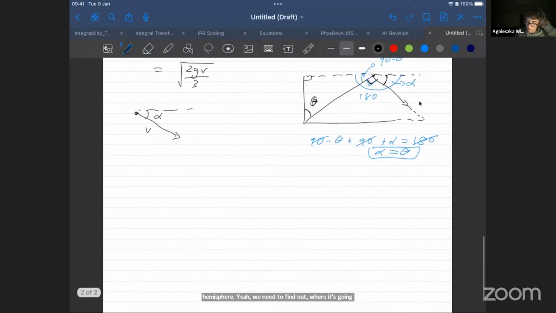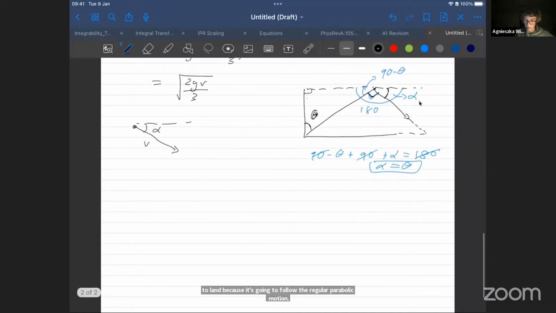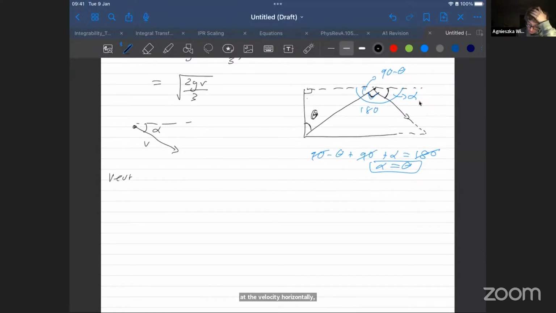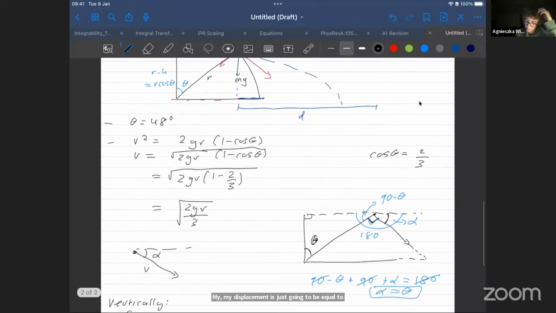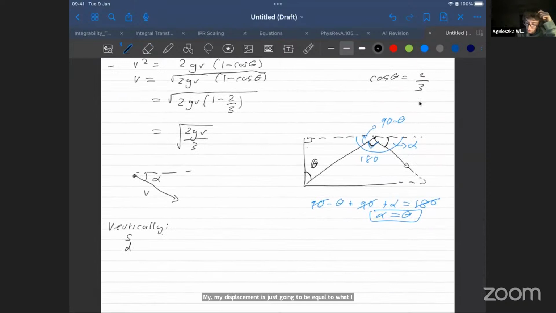Okay, so using our Suvat equations, we know that if I look at the velocities horizontally, vertically, my s, my displacement, is just going to be equal to what I called d right here. My u, my initial velocity in the vertical direction, is going to be equal to minus v sine alpha.